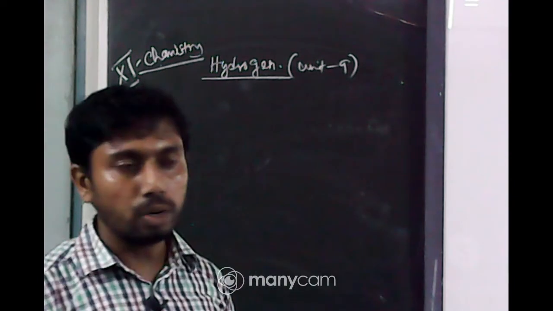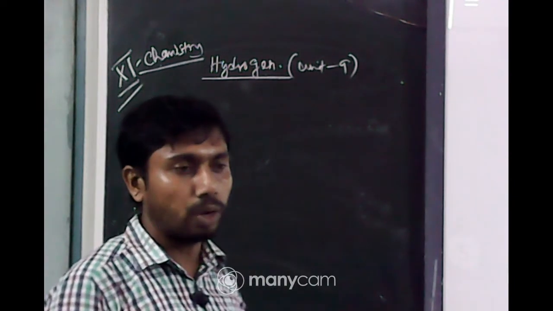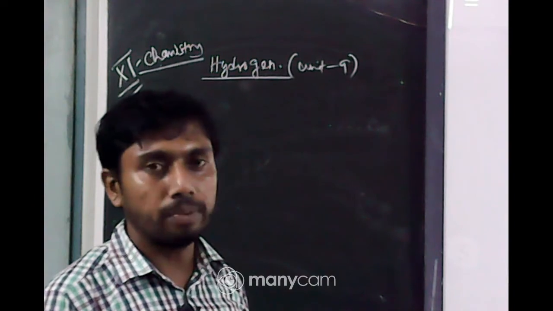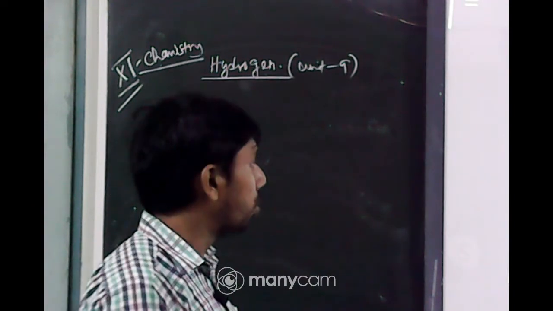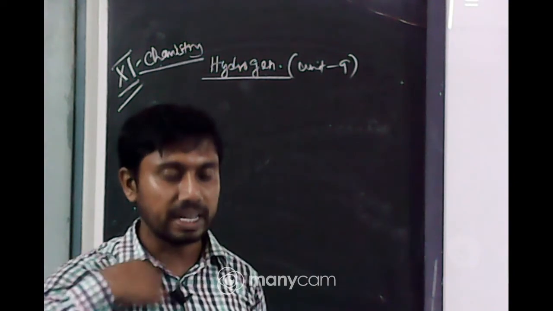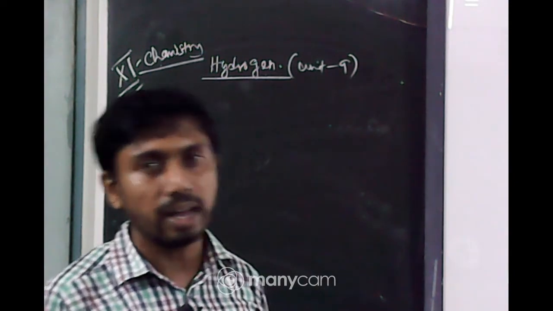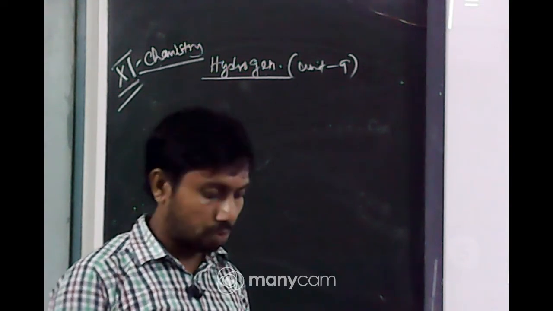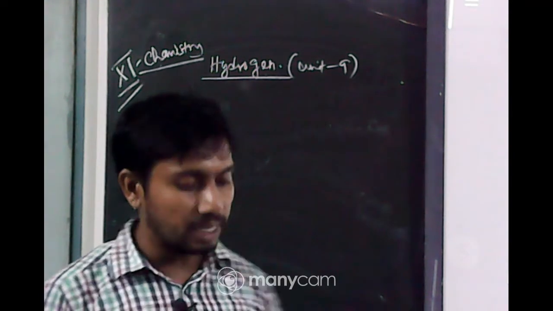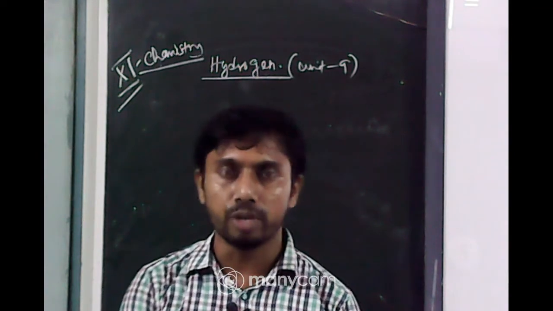Now I have told you that there are some very important preparations out of this. The laboratory preparation uses zinc granules and dilute sulfuric acid in the Wolf tube. Wolf tube is the name of the instrument for the laboratory preparation.